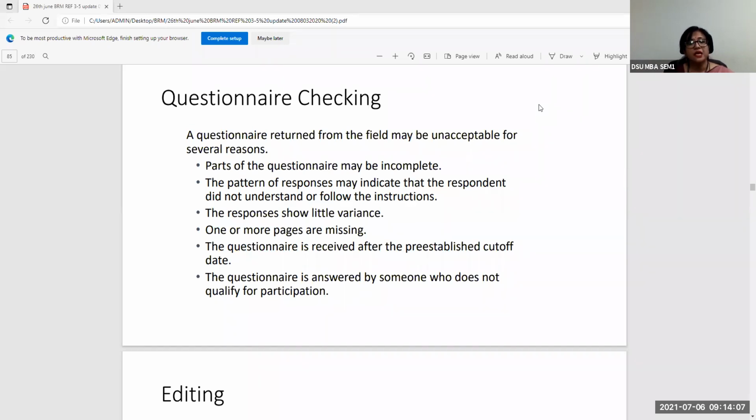Because although you have got a response, it is not the response of the targeted respondent, the sample element, right? So this is something that you need to decide to find out the authenticity of the responses received, because any kind of contamination in the responses, either not from the actual person or not the views of the targeted respondent, could contribute to the error in the study.